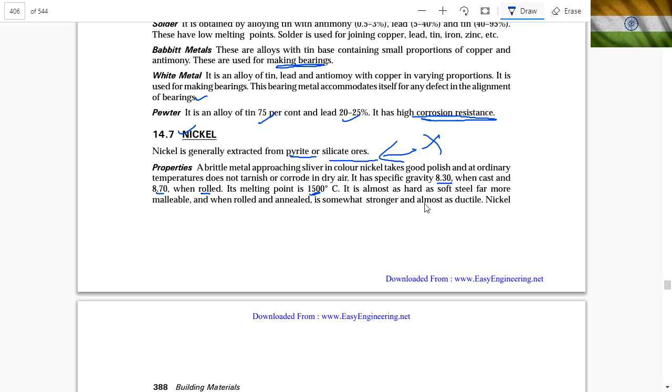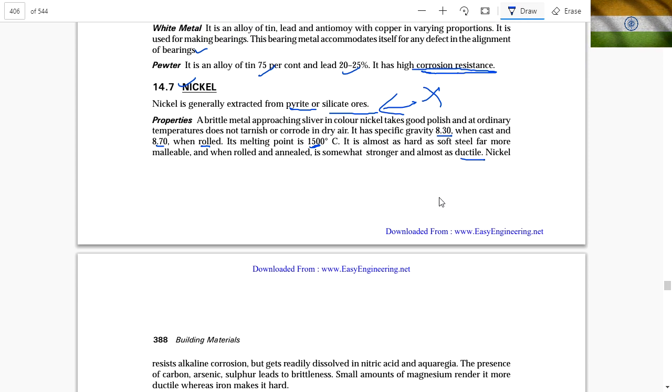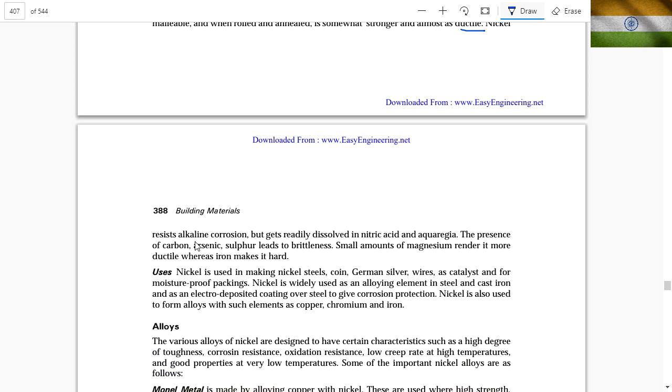It is almost as hard as soft steel, far more malleable, and when rolled and annealed, somewhat stronger and almost as ductile. Nickel resists alkaline corrosion but gets rapidly dissolved in nitric acid and aqua regia. The presence of carbon, arsenic, sulfur leads to brittleness. A small amount of manganese renders it more ductile, whereas iron makes it hard.